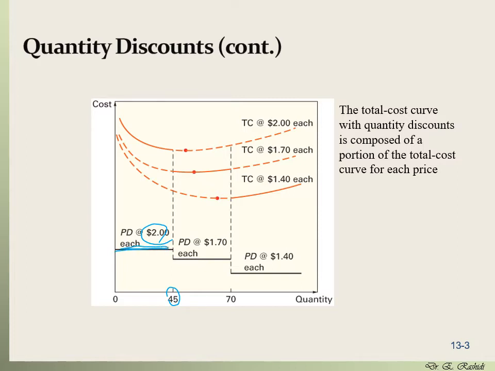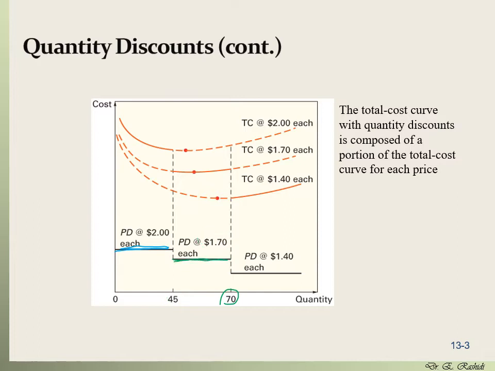So the purchase cost would be this much. And if you buy between 45 and 70, you're going to get a price discount of 30 cents, which is going to get you a price of 1.7. So at 1.7, this is going to be your purchase cost.